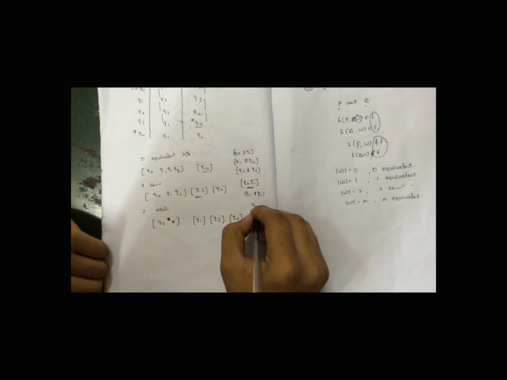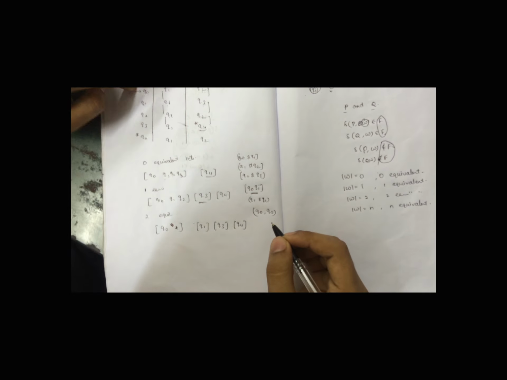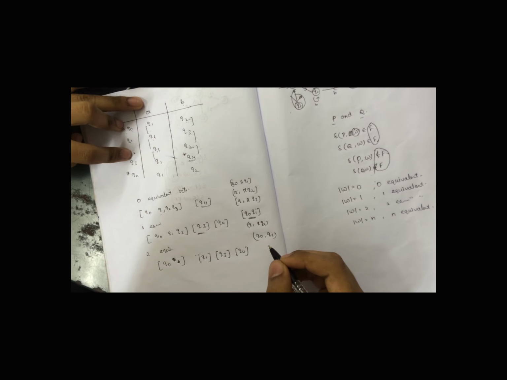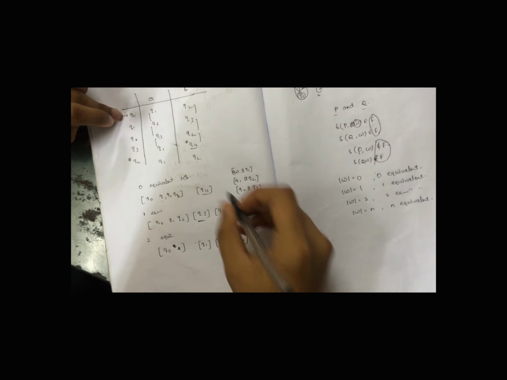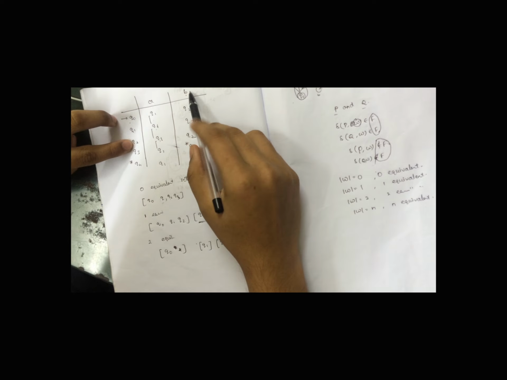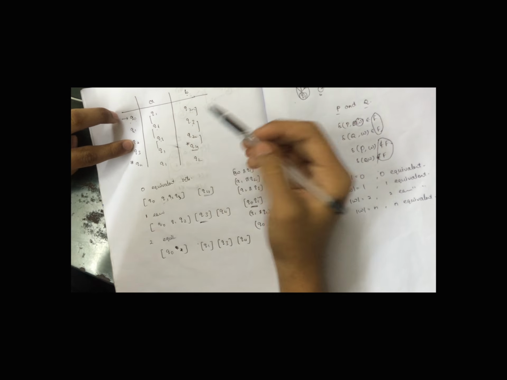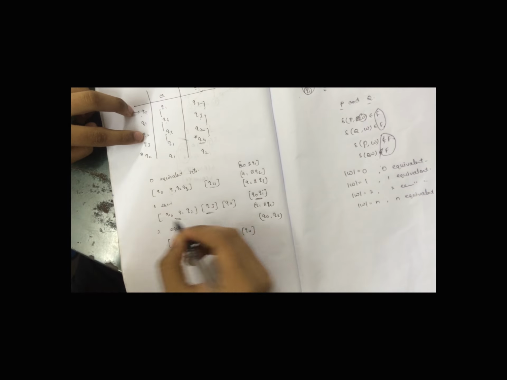Now let us consider q0 and q2. So q0 and q2 on giving A, both are going to q1, and q0 on giving B going to q2, and q2 also on giving B is going to q2. So in second equivalence they both are going to the same state in the first equivalence.